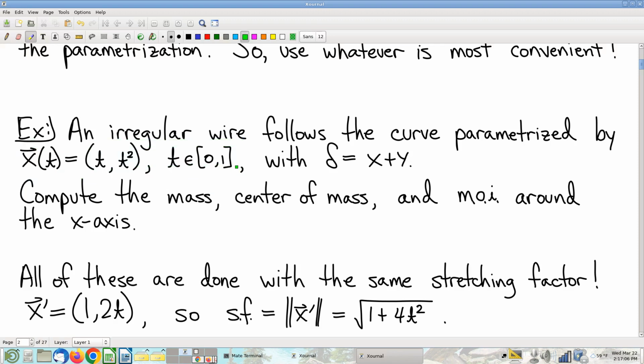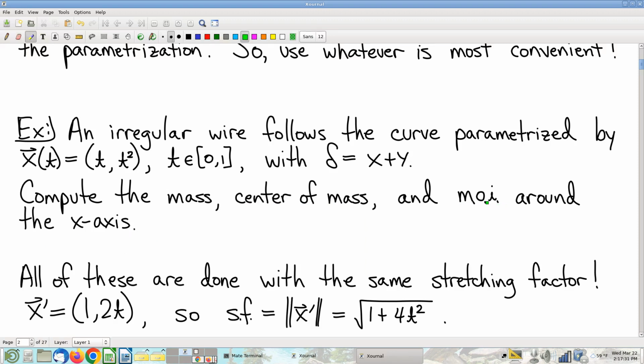Okay, and given mass per unit length being a certain formula, how would I compute the various things? How would I compute the total mass? How would I compute the center of mass, which has two coordinates, x and y? How would I compute the moment of inertia around, let's say, the x-axis? Various different things that I could want to compute for this irregular wire.